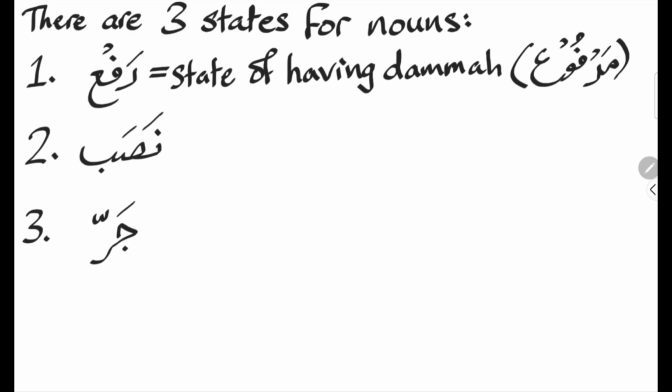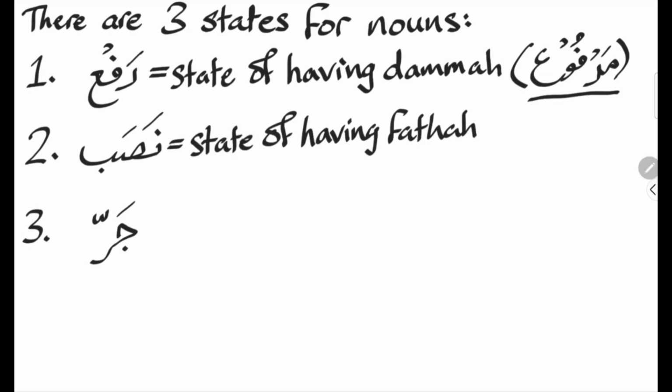If any noun has dhamma, meaning it's in the state of rafa, it's known as marfu'. Next we go on to nasab. Nasab is a state of having a fatha or 2 fathas. Any noun which has fatha, whether it's 1 fatha or 2 fathas, is called mansoob.